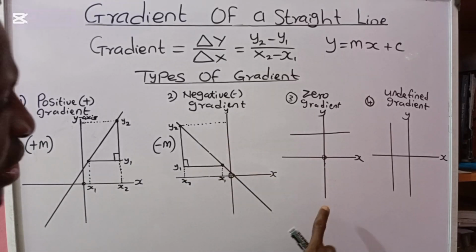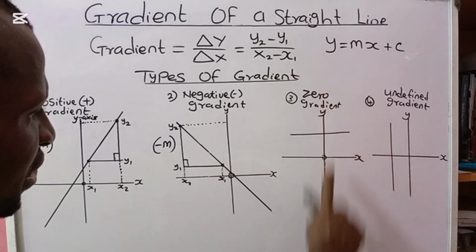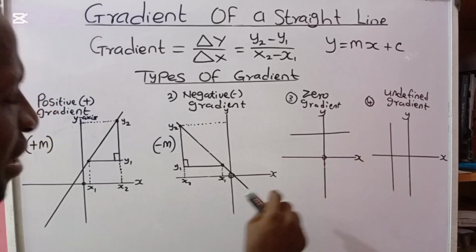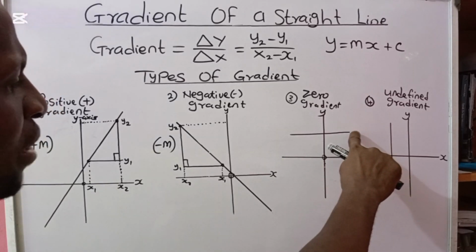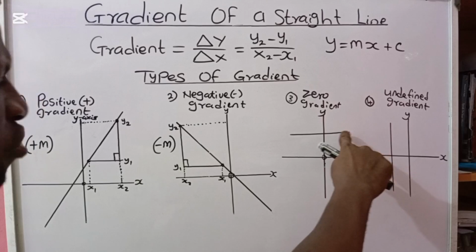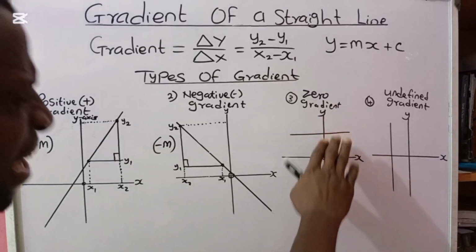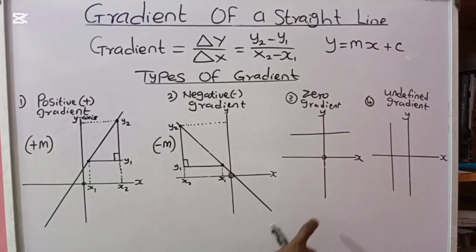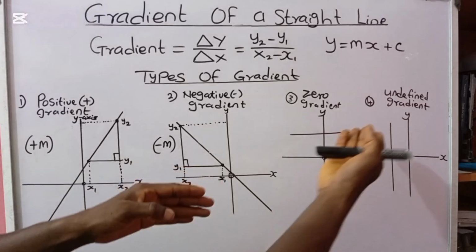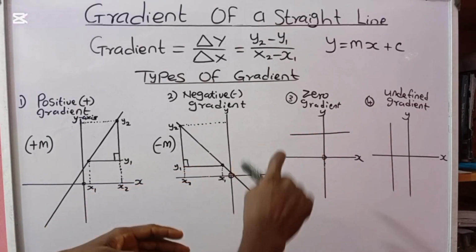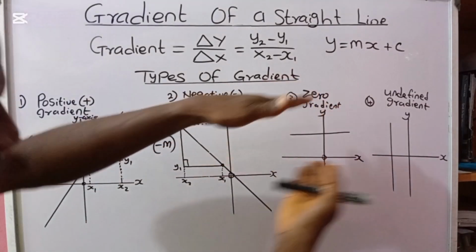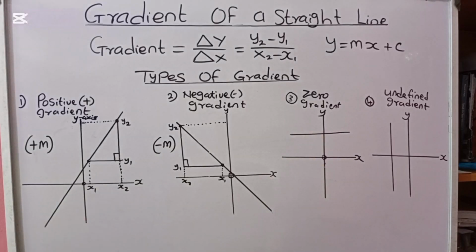You only have a zero gradient when you have in a graph, as you can see, this y-axis, this x-axis, and you plot your graph in such a way that the line that you've plotted is parallel to x-axis. Pay attention to this. When the line is parallel to your x-axis, then you have a zero gradient.